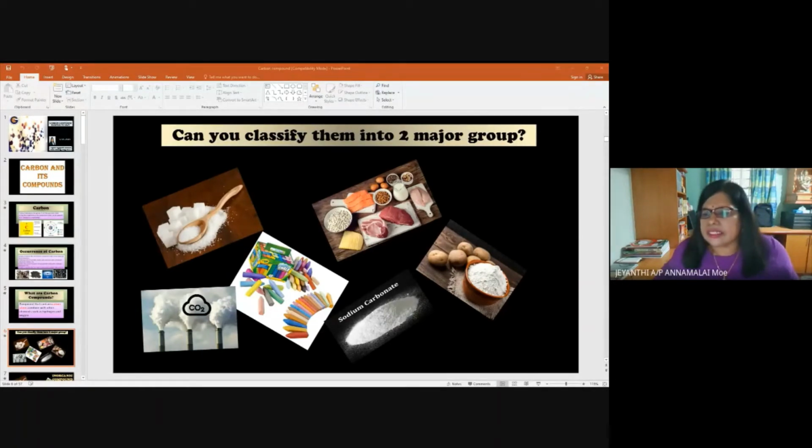Okay, Shenhao, you said that the 3 edible food that you can eat should be in one group. Alia says it is organic and inorganic compound.